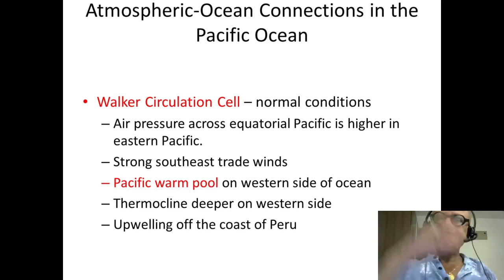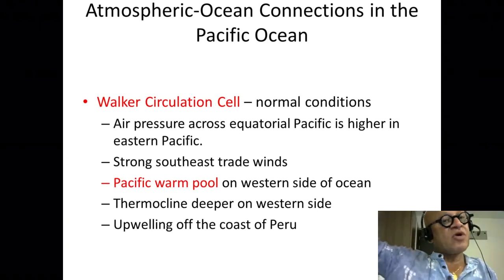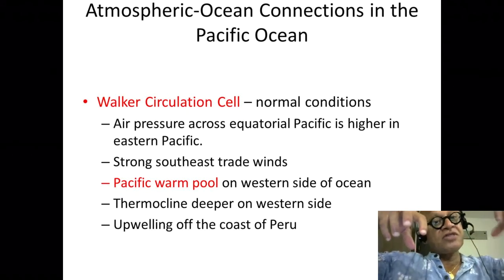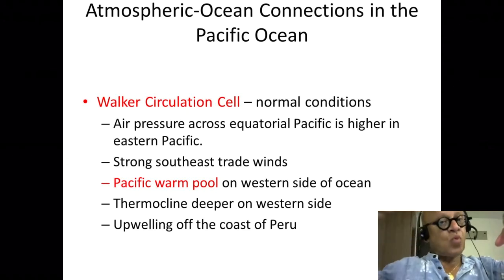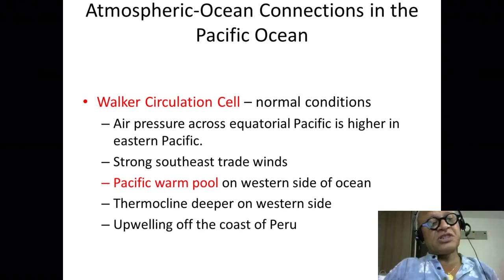Rising air over the West Pacific, sinking air or subsidence over the East Pacific, and convergence into the West Pacific means, remember we talked about cold water in the East Pacific, high pressure, warm water in the West Pacific, low pressure, pressure gradient, temperature gradient, winds, low Coriolis in the tropics, so zonal winds. So there is a large-scale convergence happening from east to west as well to feed this convection in the west. So it is this circulation that we will look at in detail that is called the Walker cell.